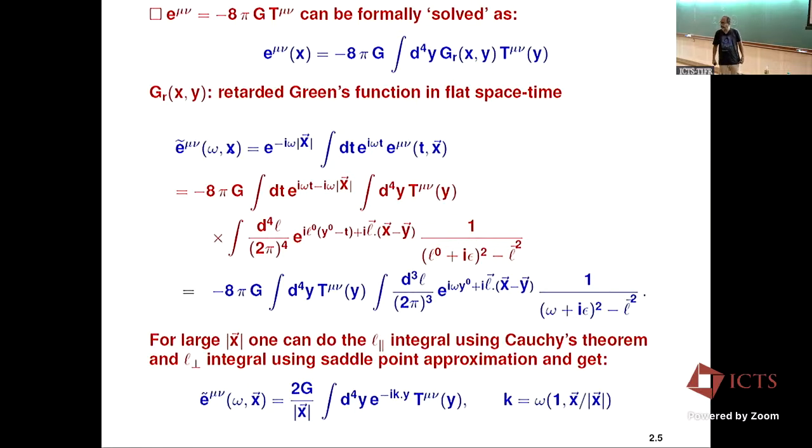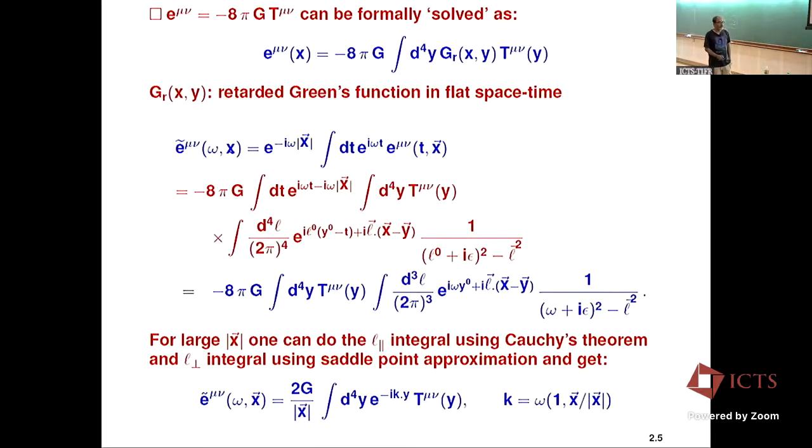It's a 3-dimensional vector, so you can always decompose it into the parallel component and the transverse component. So L square you can write as L parallel square plus L perpendicular vector square. The L parallel integral you can do by Cauchy's theorem because you can just close the contour of integration of L parallel and use Cauchy's residue theorem. Okay, so that's the way you can do the L parallel integral.